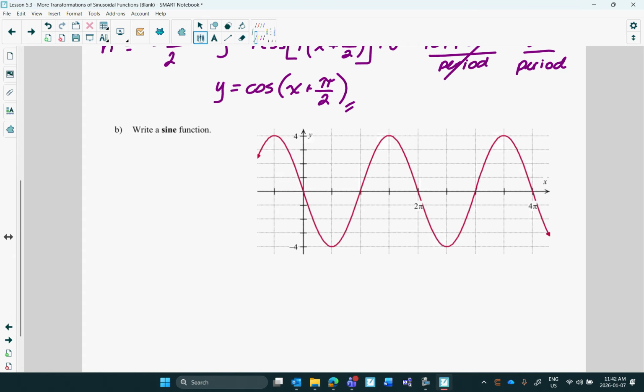Well, k, which is the midline, right? What's the midline? It's 0 again. Or we could have done the max plus the min, divided by 2, which gives us 0. So k is 0. Amplitude, A, is 4.